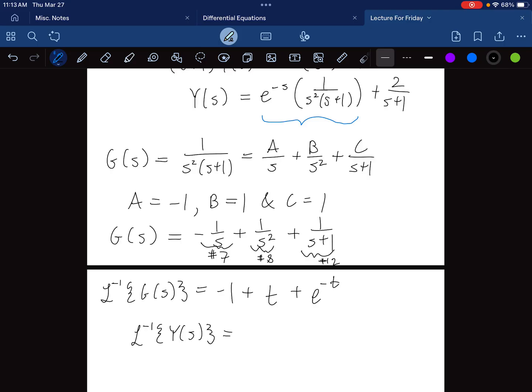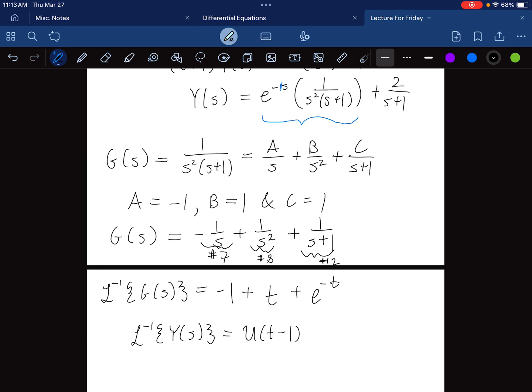And so we have the unit step function of t minus 1, because our a in this case is just 1, from up here, we have this 1.